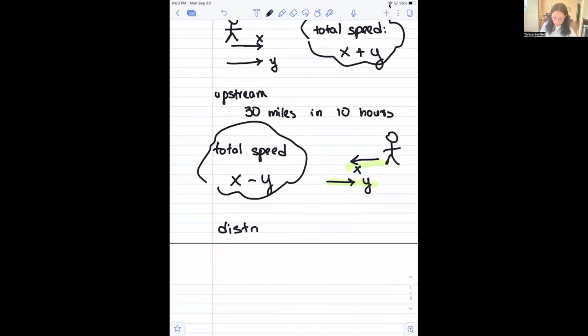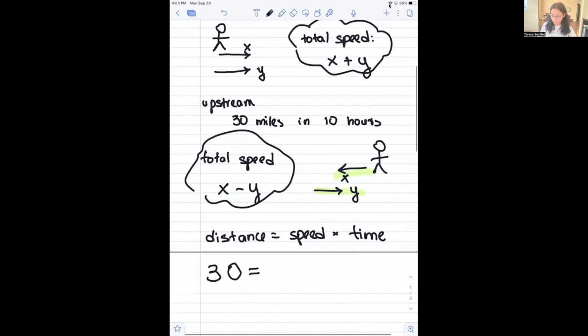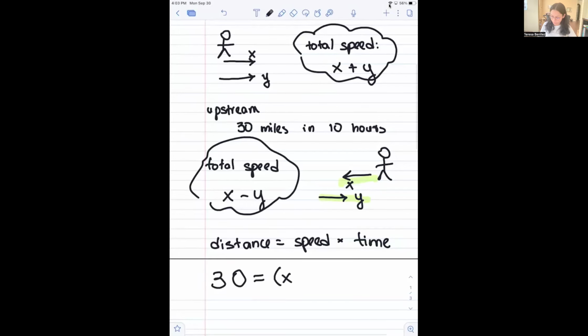Okay? So that's the total speed, and I know the total distance, so we may remember from our lecture that distance is equal to speed multiplied by time. Therefore, he traveled 30 miles in the first trip, where the total speed is x plus y. The speed of the water, the velocity of the water, because now it has direction, is helping him move faster, versus when he's traveling back.